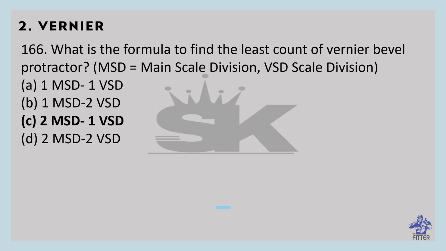So a vernier bevel protractor is a precision instrument meant for measuring angles to an accuracy of 5 minutes, or 1/12th degree. Okay, that is the 12th part of 1 degree. Okay.